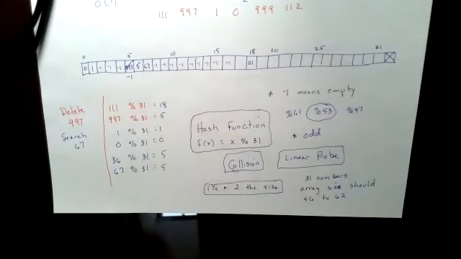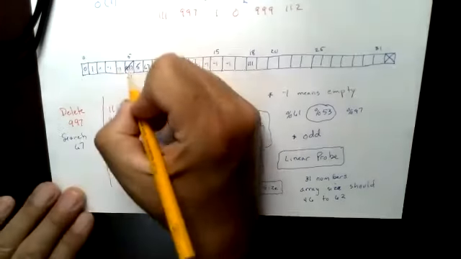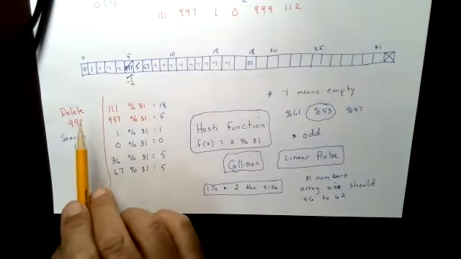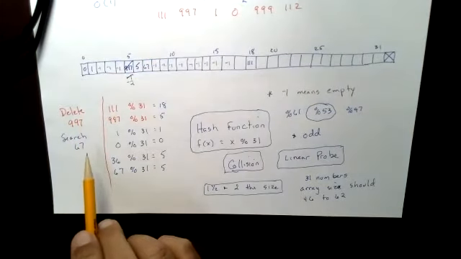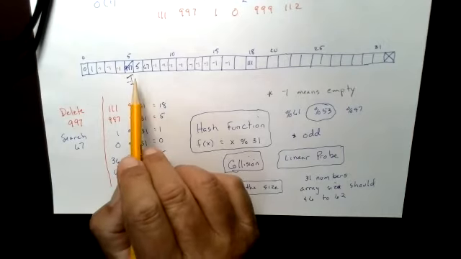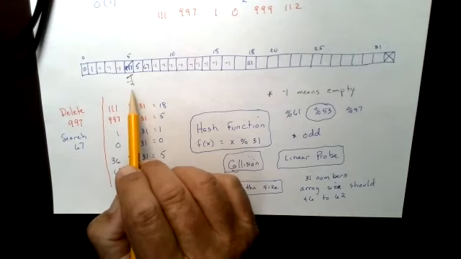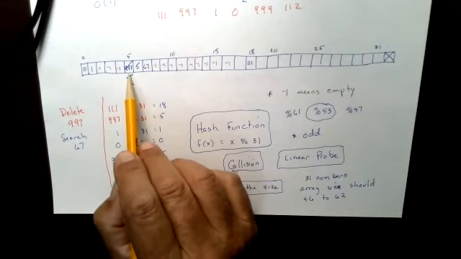Instead of putting -1 in here, what could I put in there? -2. Excellent. I could change this and make it -2. That way, when I go to search for 67, I go, it's not there, this guy is empty. So either a -1 or a -2 means it's empty.